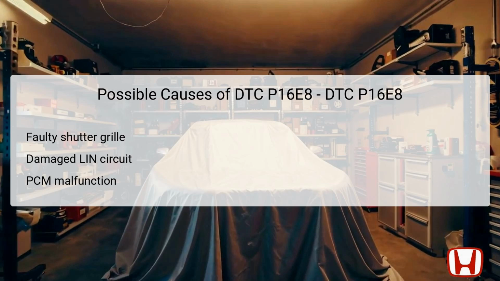Third, the PCM might also be malfunctioning, either due to software or hardware faults. It may not process or recognize the signals correctly. Diagnosing the root cause requires a systematic inspection of the shutter grille and its associated circuits, as well as the PCM, to establish the location of the issue.